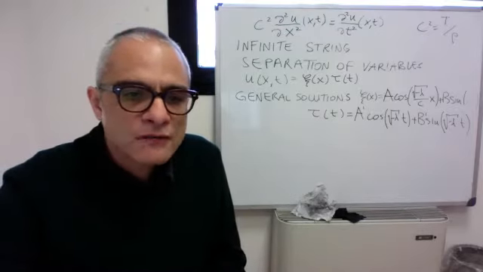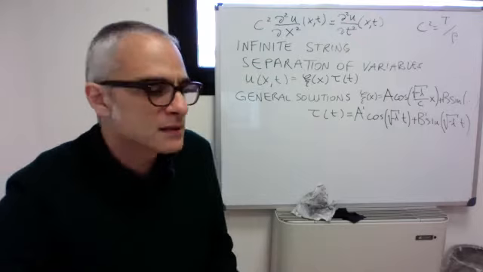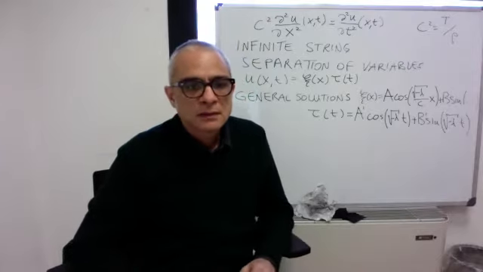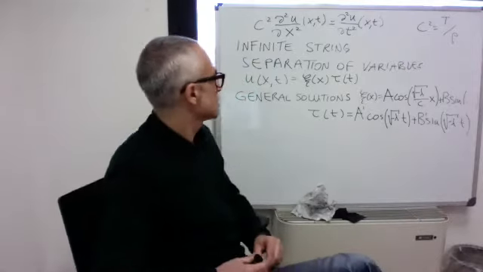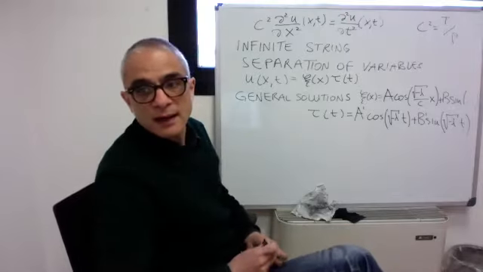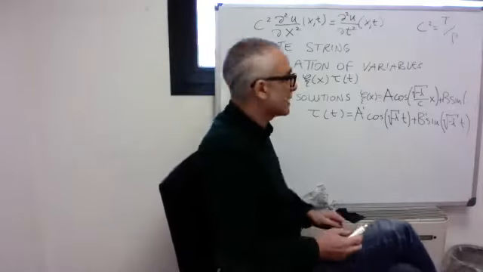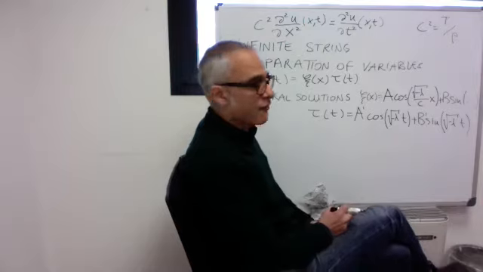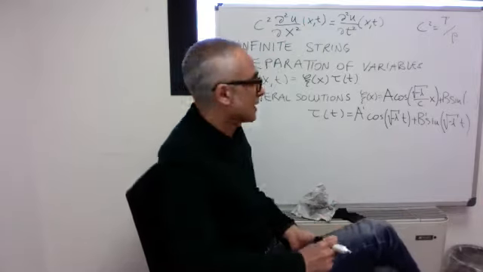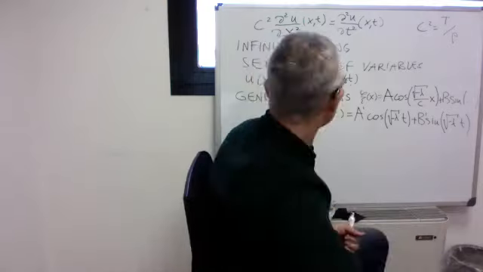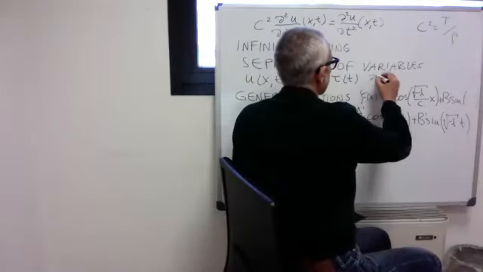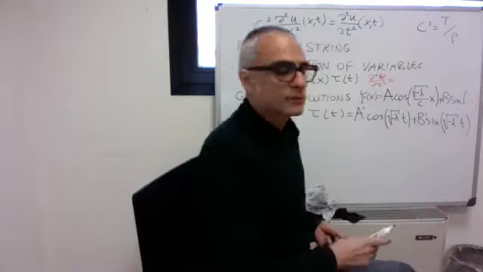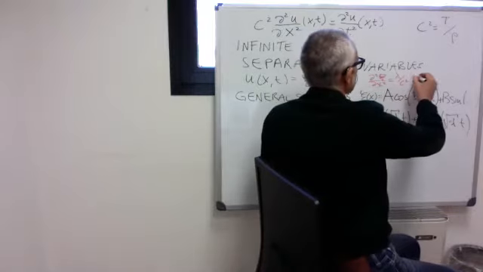So you remember from our little review of ODEs that a second order ODE is solved, and I should add a second order homogeneous ODE, because remember the ODE that we got is a homogeneous equation. It doesn't have a term that doesn't contain psi or its derivative. So what we got was the second derivative of psi equal to lambda over c squared times psi itself.